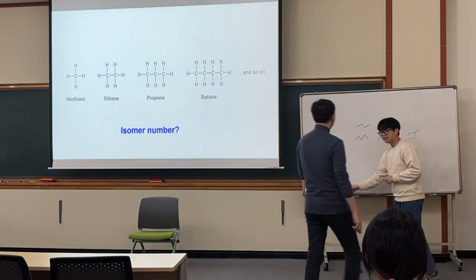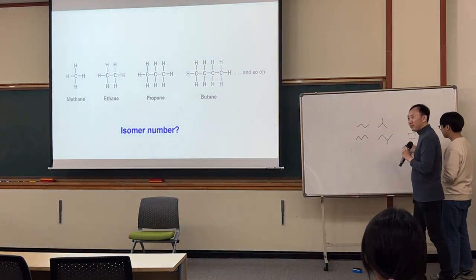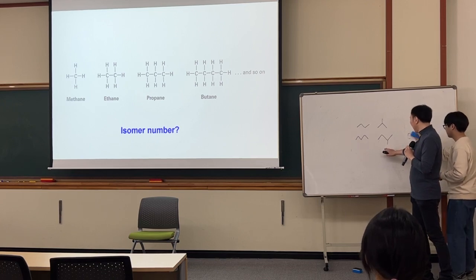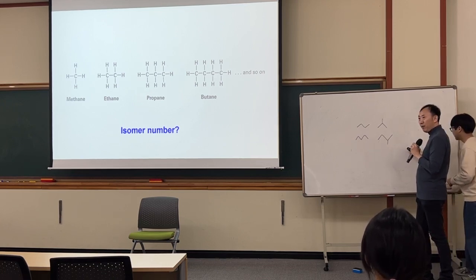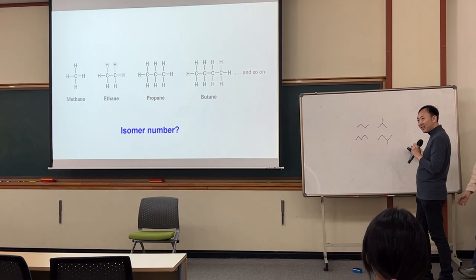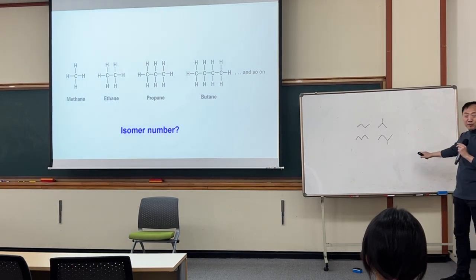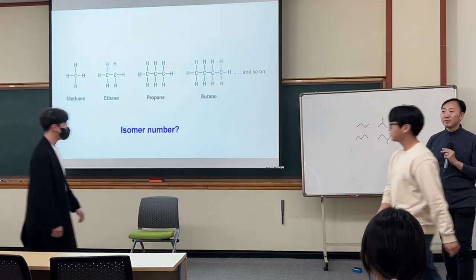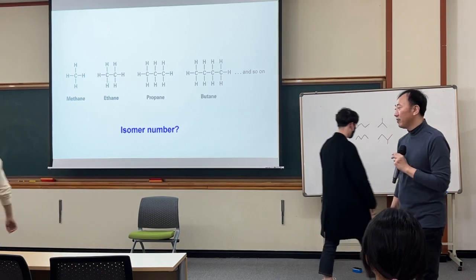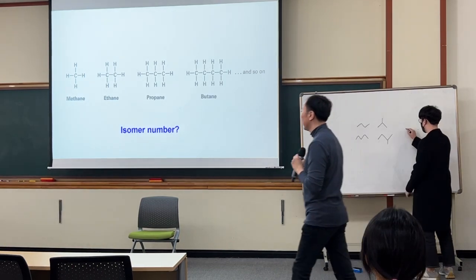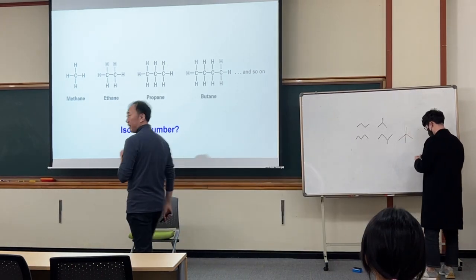If you draw this way, then the molecular formula becomes different. This one is C4H10, this one C4H8, C5H10. The molecular formula is changing. Then that's another isomer. Yay, nice.